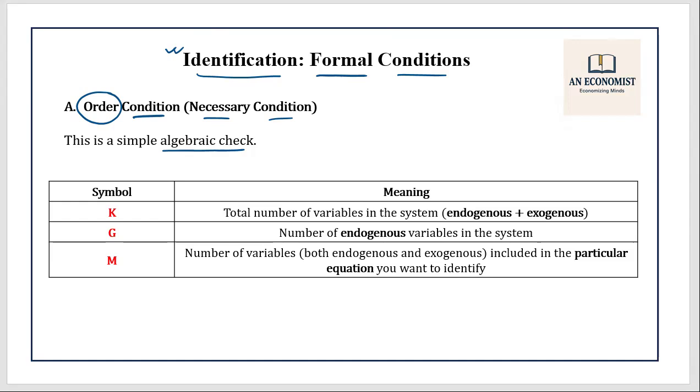If a structural equation satisfies this order condition, then you say the equation is identified, which basically means we can get unique parameter estimates. Why is this so? Because we have enough exogenous instruments to identify that particular equation. So that is the background with which we are starting today's video.